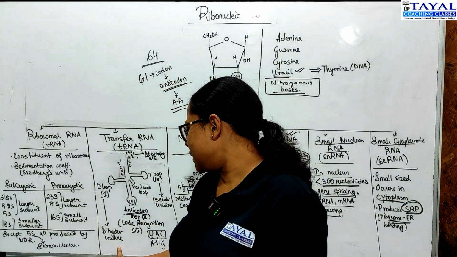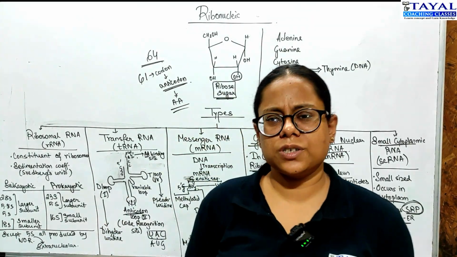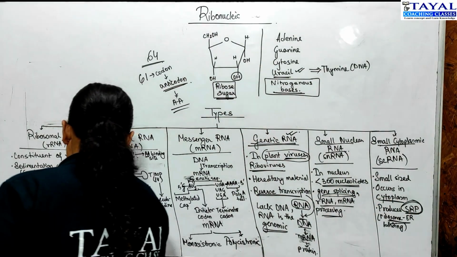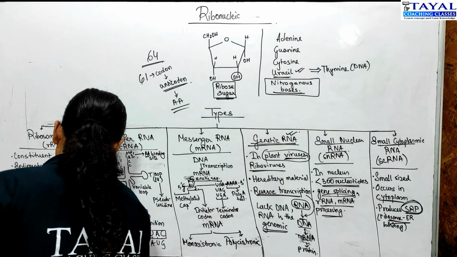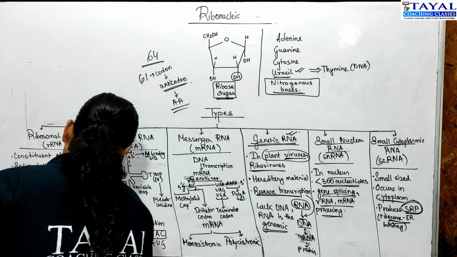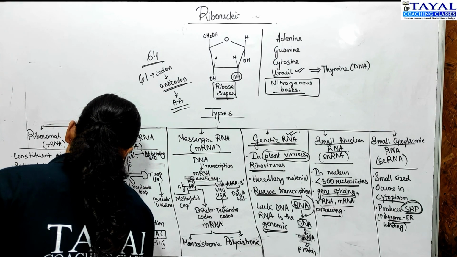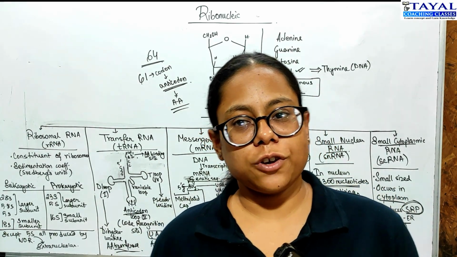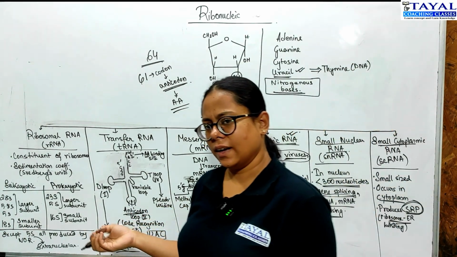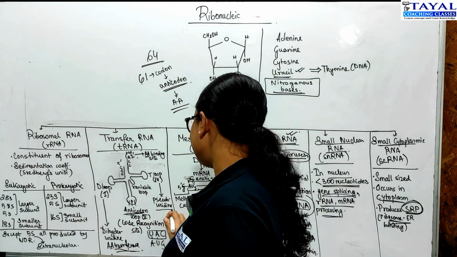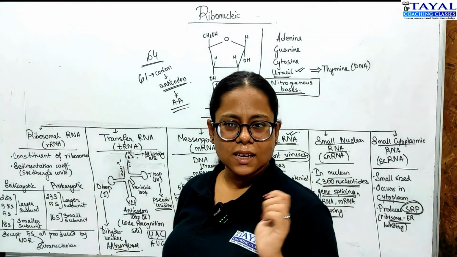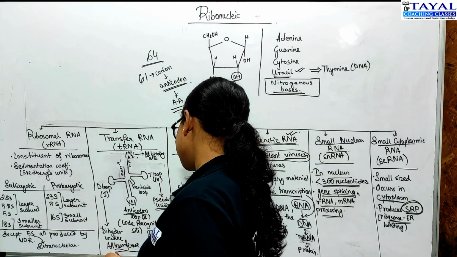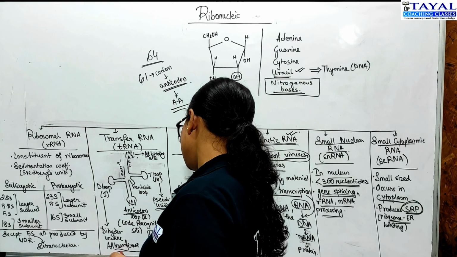The D loop contains dihydrouridine, which is an unusual base, and here amino acid transference enzyme will attach itself, which will help in the formation of the charged tRNA, okay? And the T loop has a pseudo-uridine base, which will help in the attachment to the ribosome, okay?